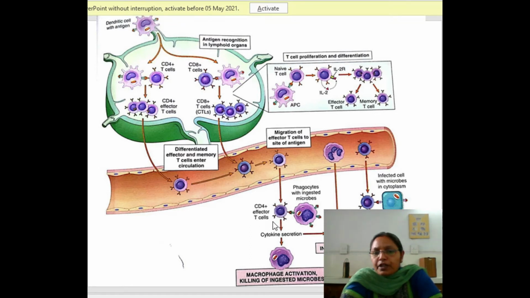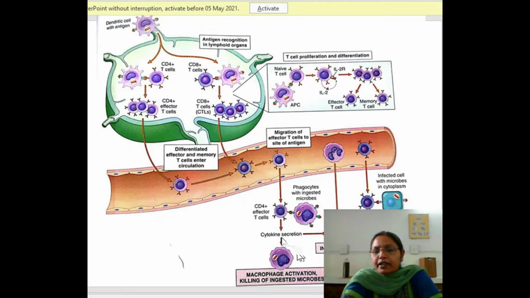Here the CD4 T cell binds with the phagocyte which has the antigen. They will increase cytokine secretion, and the macrophages become activated and kill the ingested microbes.